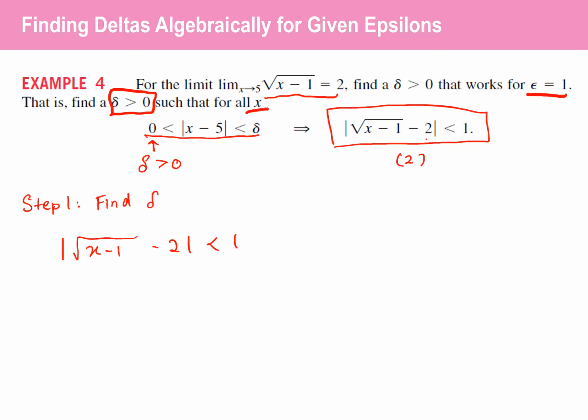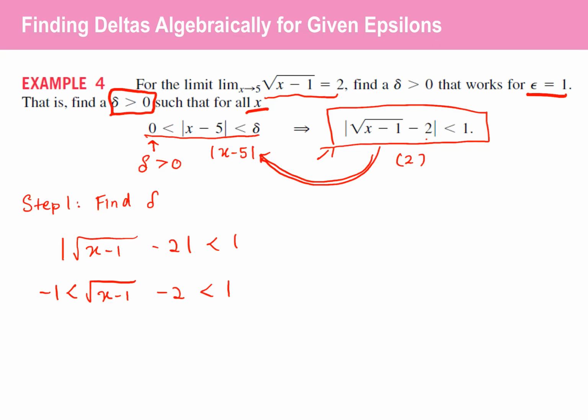Here we want to deduce x minus 5 from this one, so we will move from here until here. Using our knowledge of inequalities that we have covered before, square root x minus 1 minus 2 is less than 1 and greater than negative 1.